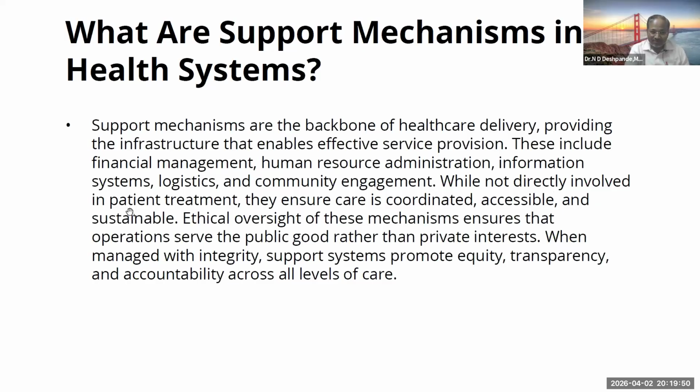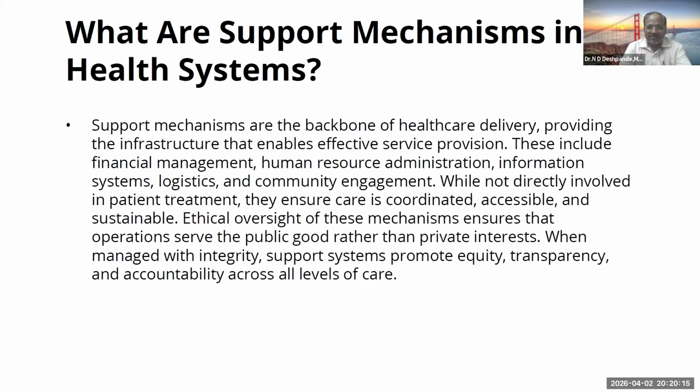While not directly involved in patient treatment, they ensure that care is coordinated, accessible, and sustainable over a long period. So ethical oversight of these mechanisms ensures that operations serve the public good rather than private interests. When managed with integrity, support systems promote equity, transparency, and accountability across all levels of care.